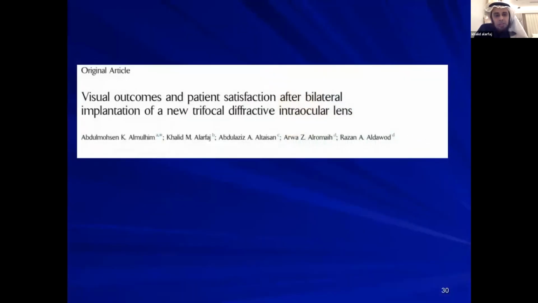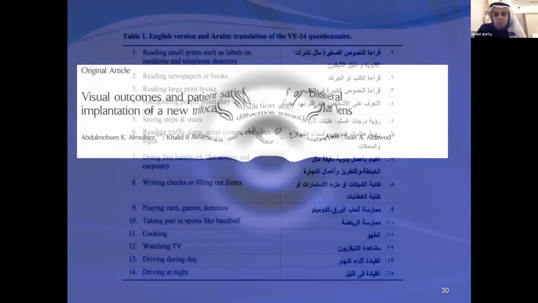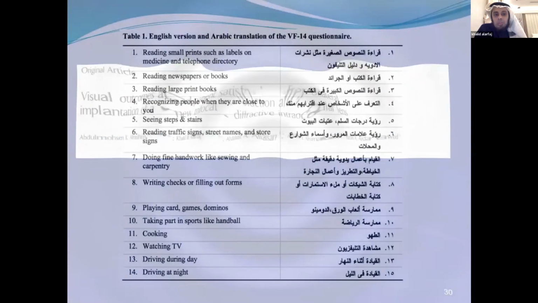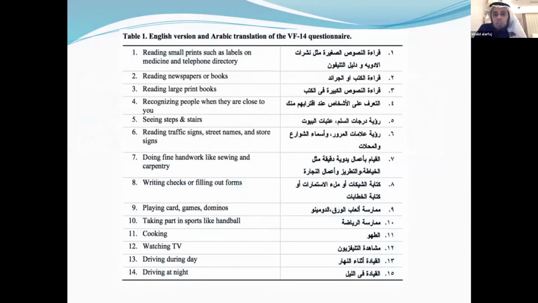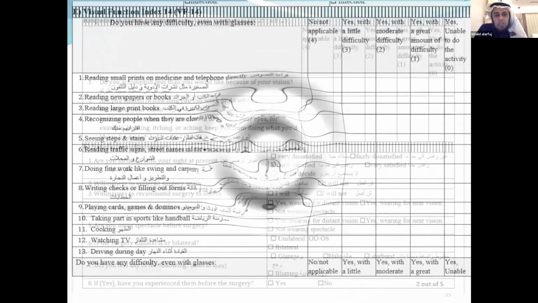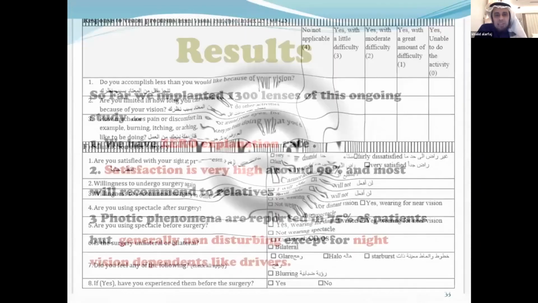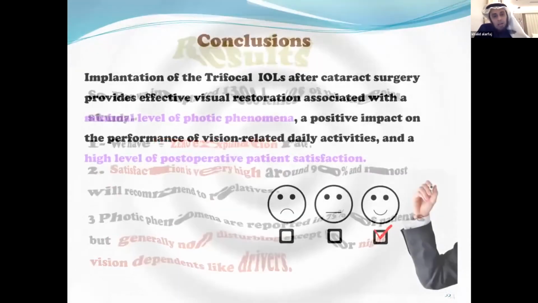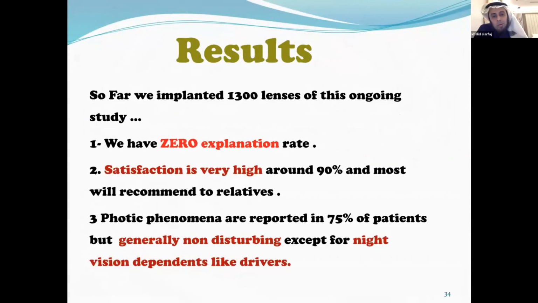This is my study about the visual outcome and patient satisfaction of bilateral implantation of trifocal lenses, and we used the Arabic and English versions of the visual function 14 questionnaire to get our results. And these are our results. So far we have implanted almost 1,300 lenses.